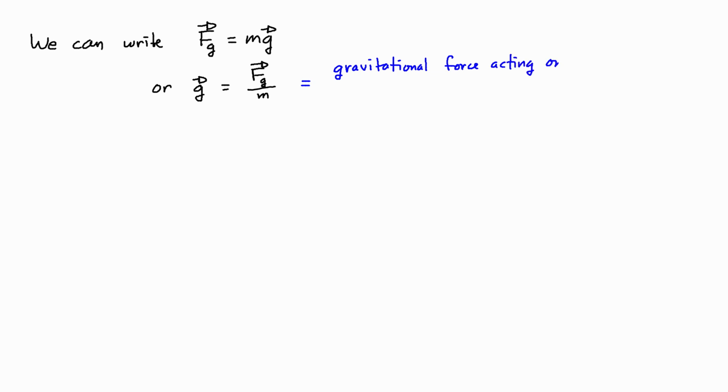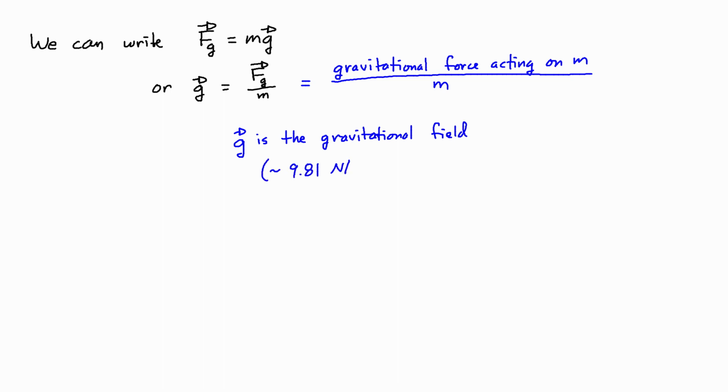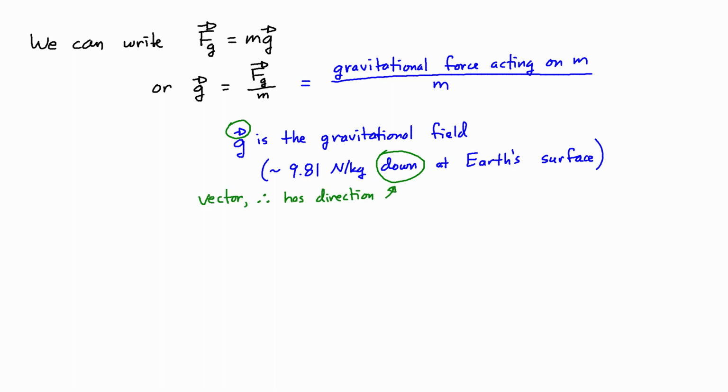Because the next step is that we can write F_g is equal to mg, and we can also isolate g in terms of the gravitational force acting on mass m divided by m. And g is the gravitational field, which is 9.81 newtons per kilogram down at the Earth's surface. And the down is important because it's a vector.